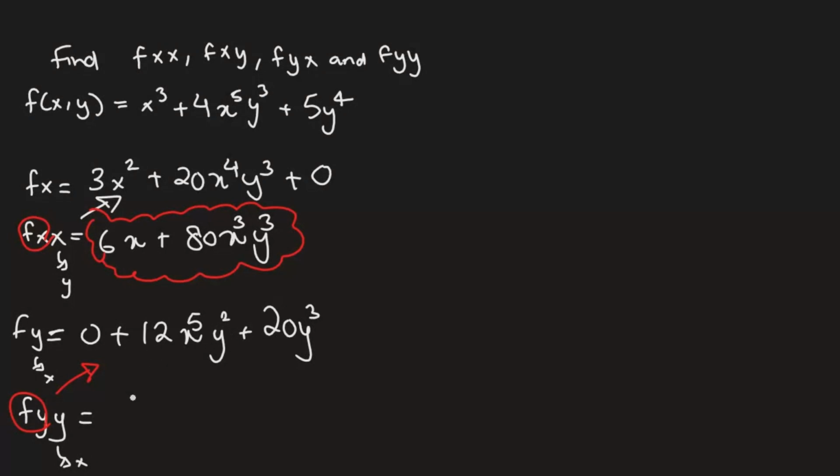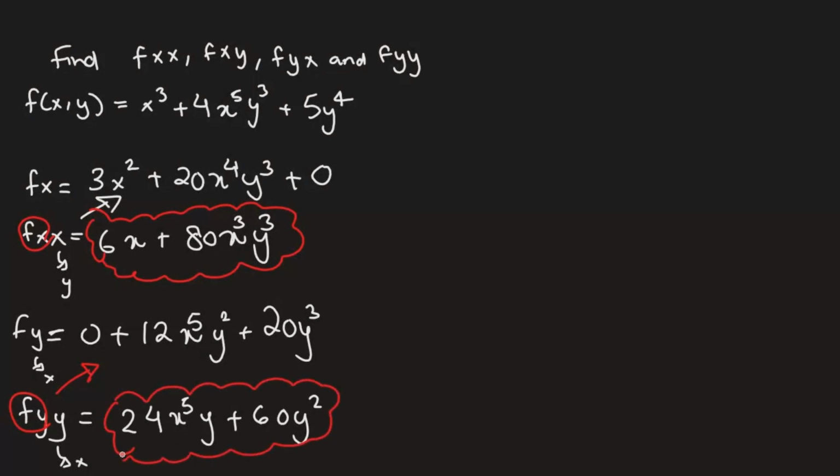Bring the 2 down, so that's 12 times 2, which is 24, and then subtract 1 from y, and this is a constant, so it's just going to stay in there. Now bring the 3 down, so this becomes 60. Subtract 1 from the 3, so it's 2. So this is the answer to f_yy.